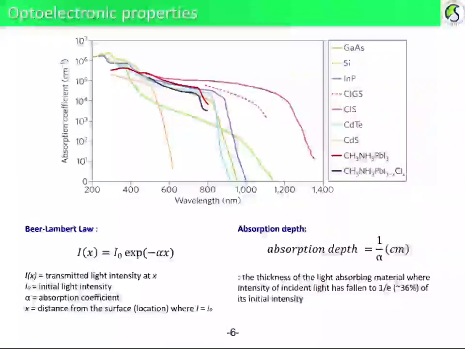Based on the absorption coefficient of the material, here there are two perovskite materials based on the methylammonium cation. You can see that their absorption coefficient here is much higher compared to the silicon material, which means that it may have a direct band gap in contrast to the indirect band gap of silicon.